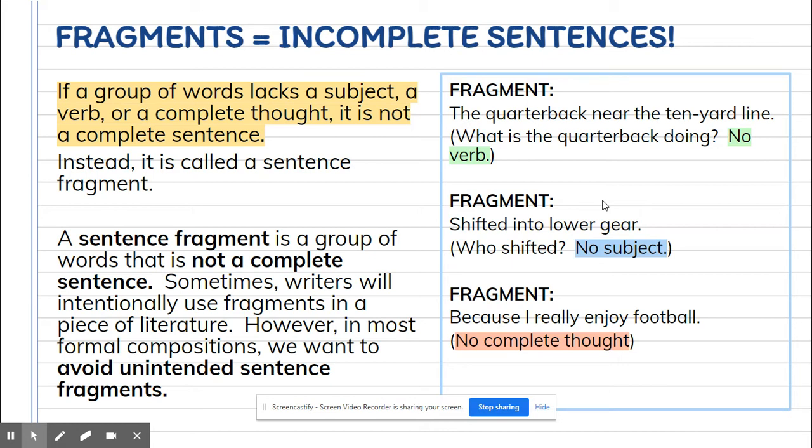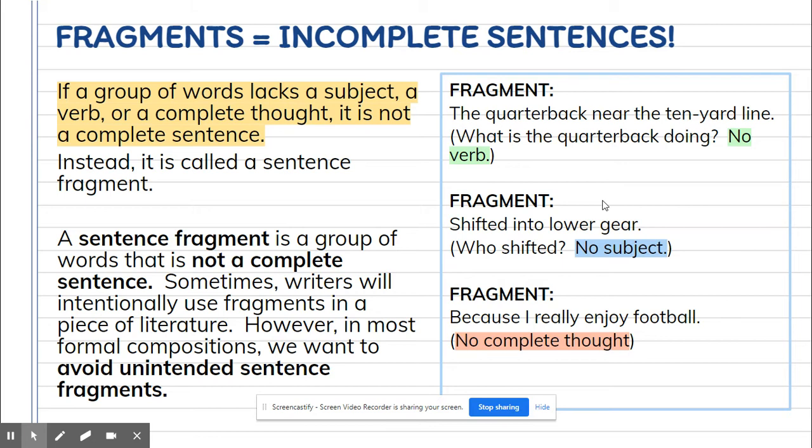It's missing a key piece of information to make this a complete thought because it is missing a verb. There's no action there. If it had said the quarterback was near the 10-yard line or the quarterback near the 10-yard line threw the ball, then we would have a verb and that would make a complete sentence. But as is, it's missing key details.